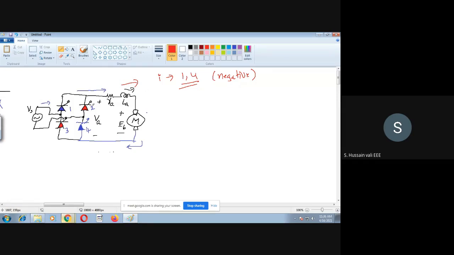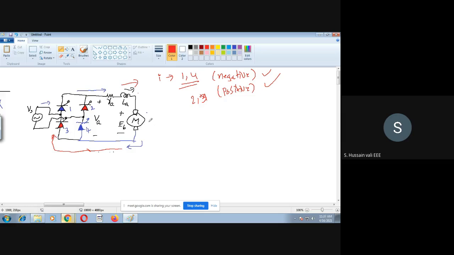Now when you trigger 2 and 3, the current in the inductor, which was flowing earlier like this through 4, won't flow through 4, but rather through 3. Why does it flow through 3? Because across 2 and 3 there is a positive voltage, whereas across 1 and 4 there is a negative voltage.